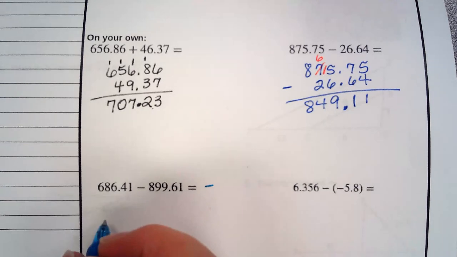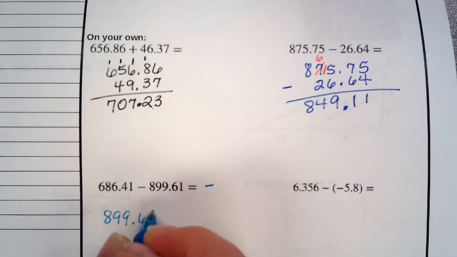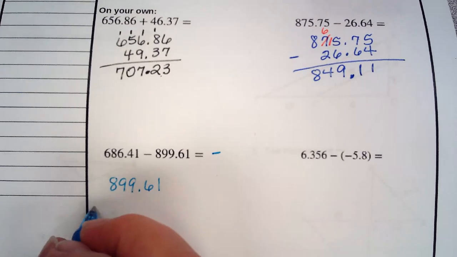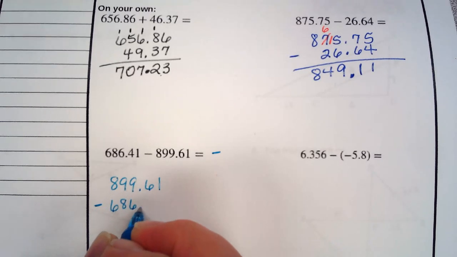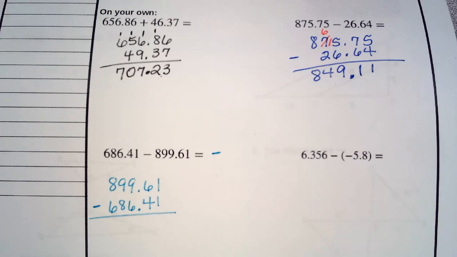So I'm going to put 899.61 at the top. From it, I'm going to subtract 686 and 4.41. I have to find their difference.